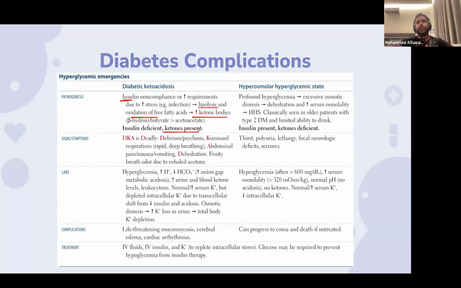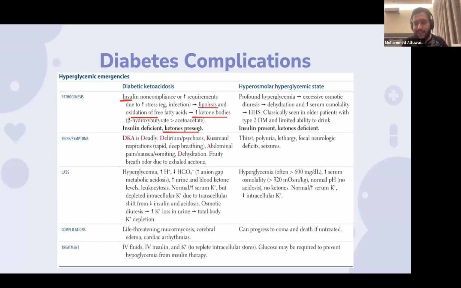Firstly, let's talk about its symptoms. They'll have delirium, psychosis, abdominal pain, dehydration, vomiting, okay? And they will have a fruity breath because of the acetone, okay? Now, important things are the changes in pH. In patients with ketoacidosis, will the pH be high or low?